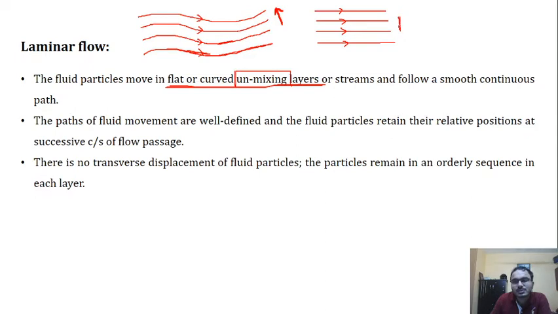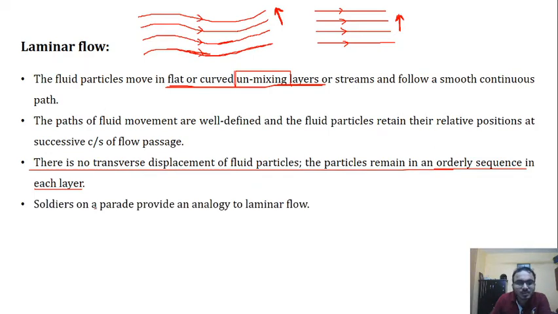So there is no transverse movement of fluid particles. The particles remain in orderly sequence in each layer. One example for laminar flow is soldiers on a parade, which provide an analogy to laminar flow.